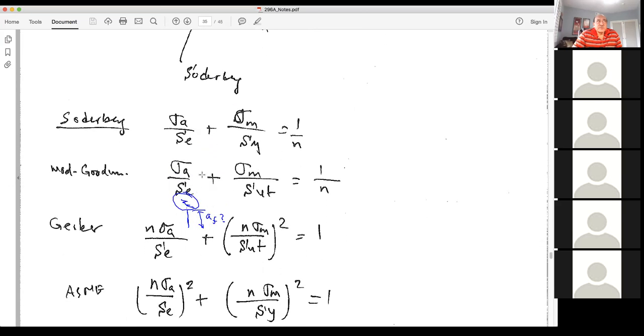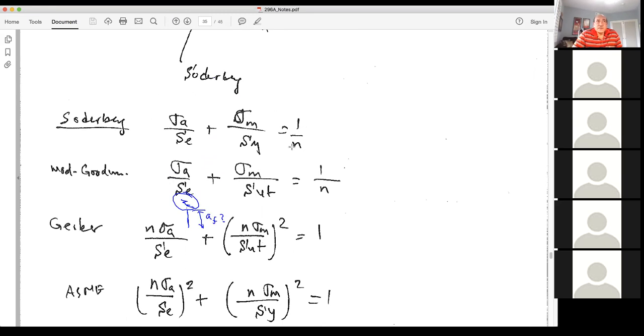So the Soderberg is sigma alternating over S endurance plus sigma mean over S yield equals 1 if you are certain. If you want to include a factor of safety, then you say 1 over N, where N is the factor of safety.